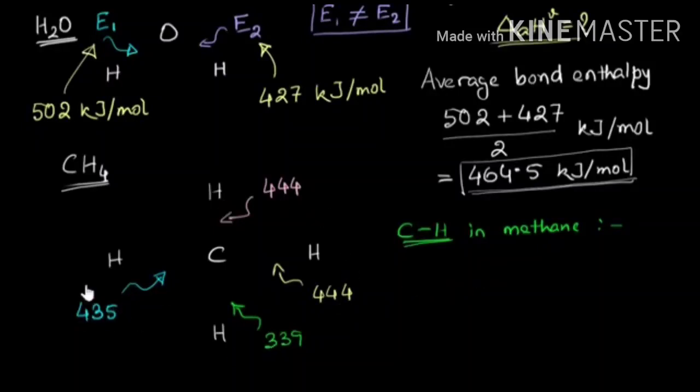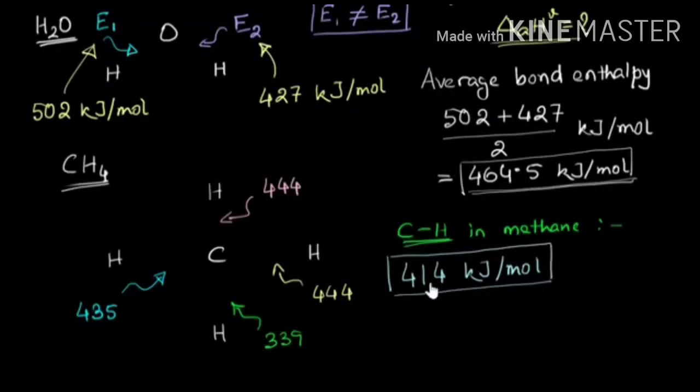By calculating, we find that the average bond energy in the methane molecule is 414 kilojoule per mole. Hence, in the case of polyatomic molecules, we must take the average bond energy of the molecule. But it is not the same for all bonds. It must be different in all cases.